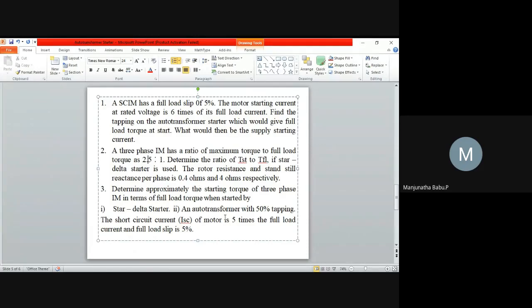T start by T full load is equal to X square into ISC by I full load into SF. Substitute directly. For star delta, X is equal to 1 by 3, and for auto transformer, it is 50%, so X is 0.5.